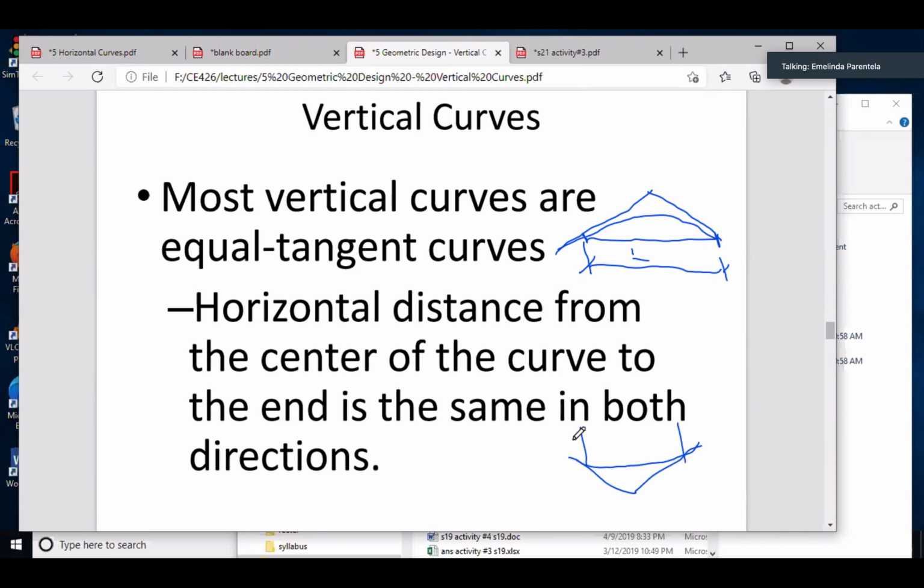Now, when I draw this, don't mistake this for a horizontal curve. A horizontal curve would always have a radius. A vertical curve would have only the tangents like this one, and there's no radius drawn here.